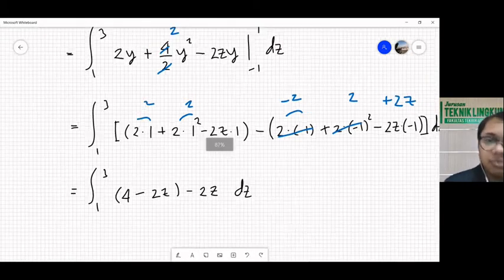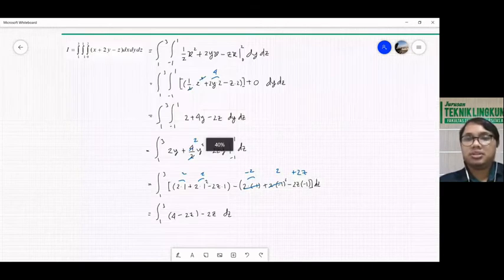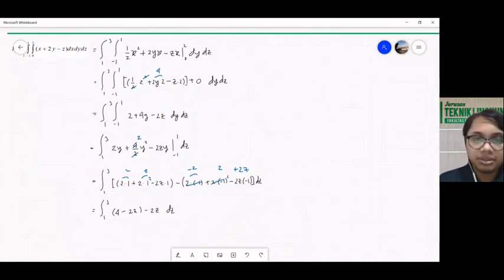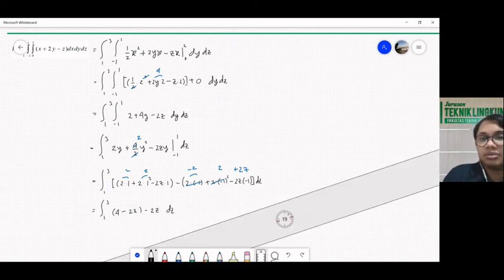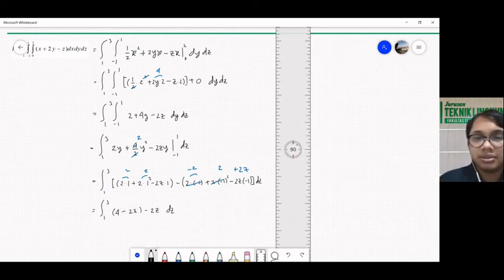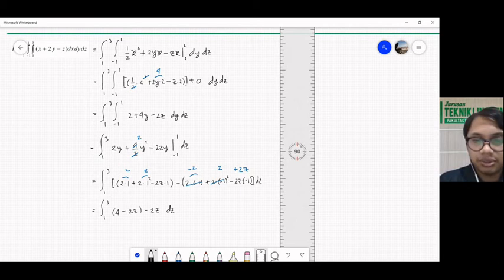Okay, I move to the side, because otherwise it will take a long line until the solution. So I separate the paper.